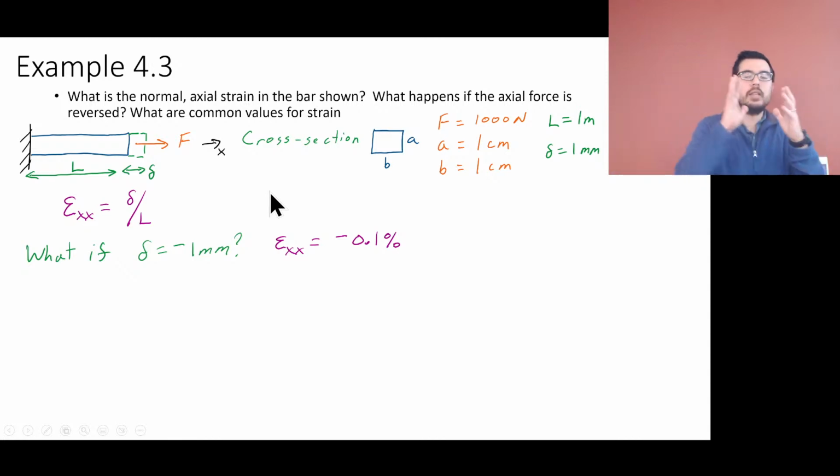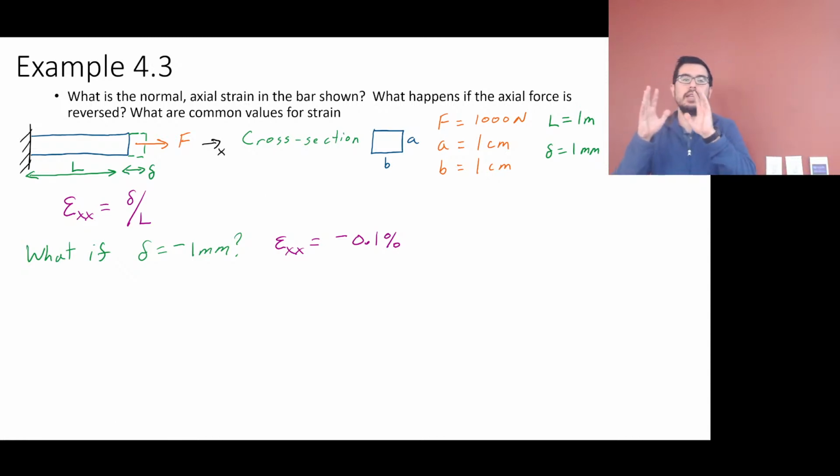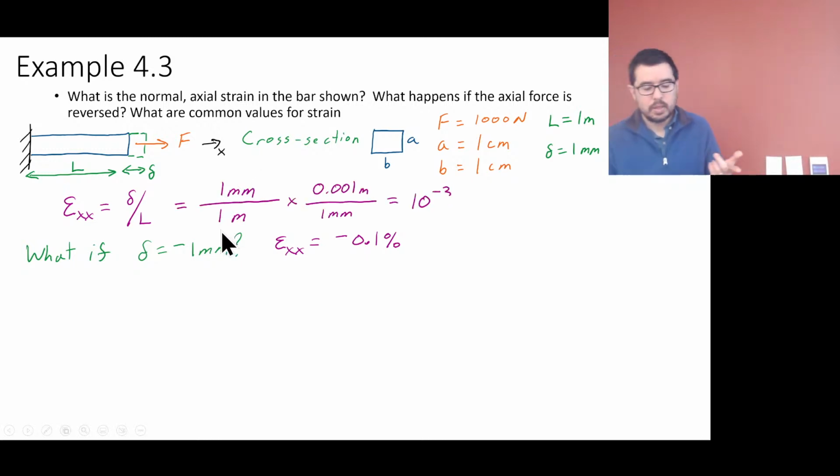We were looking at the elemental level, a material element, and now we're looking at a structure. So again, we can do our dimensional analysis. This is 1 millimeter over 1 meter. Pick your poison.